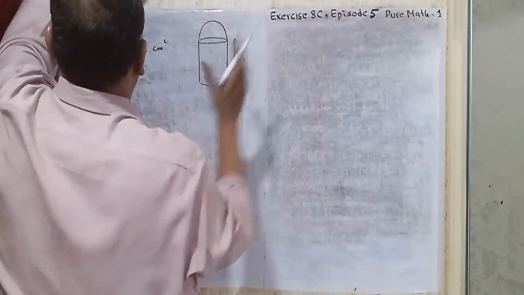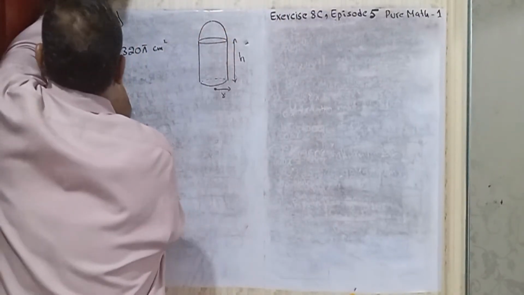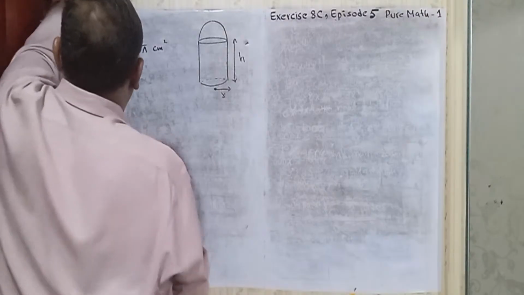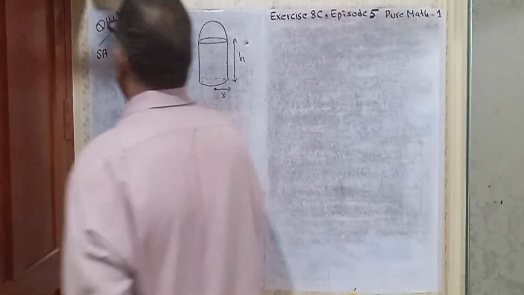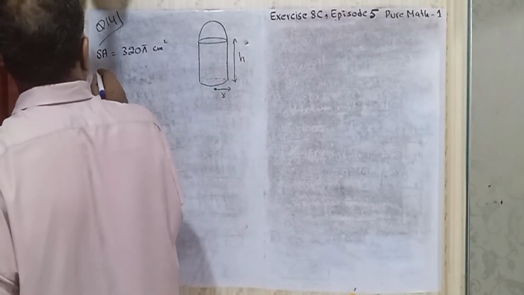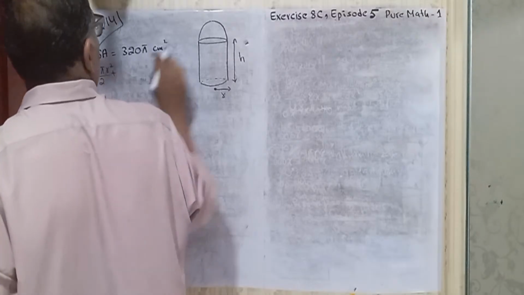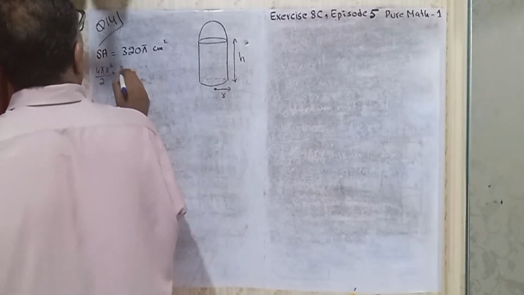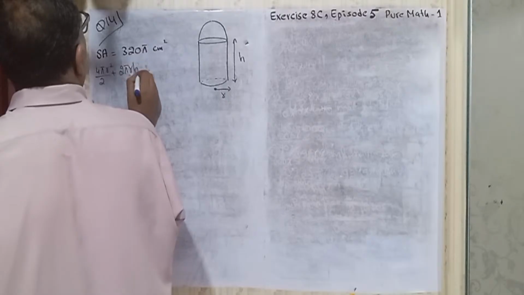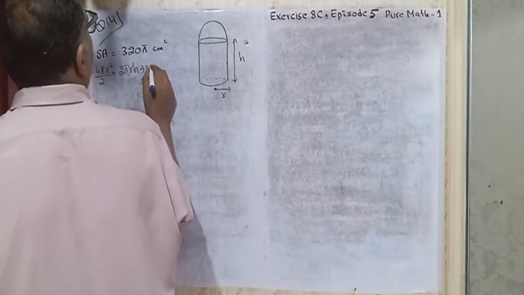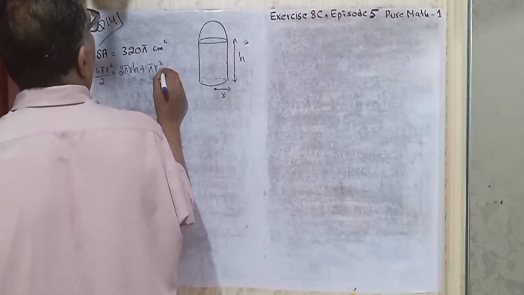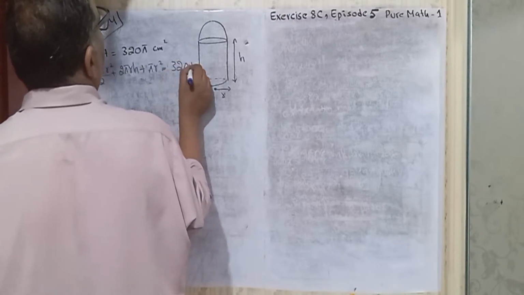So the surface area will be 4 pi r square divided by 2, plus the walls of the cylinder 2 pi r h, plus the bottom of the cylinder, pi r square, and that whole thing is 320 pi.